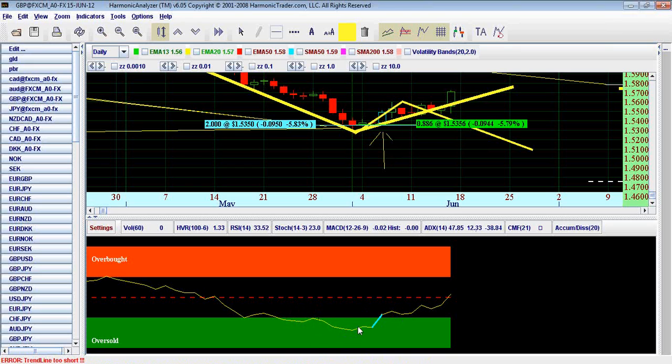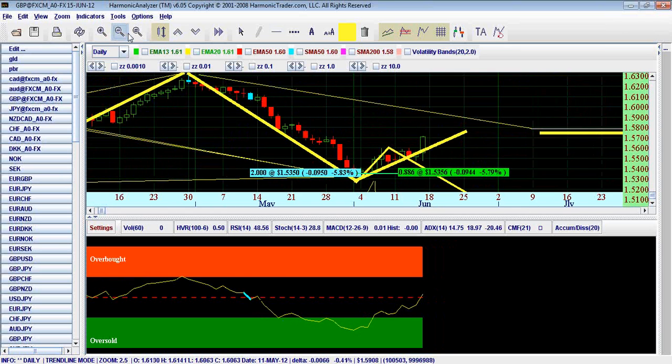This RSI clearly started to bottom towards the end of May, and then by the 5th of June, actually on the daily basis, completed the complex structure and added further credence, further evidence that this daily shark had some weight behind it.